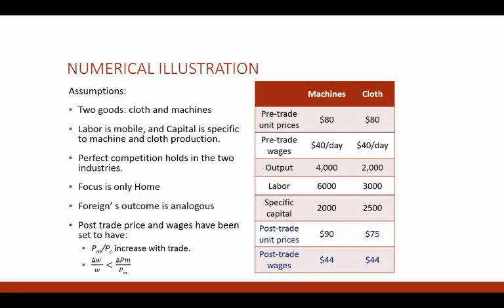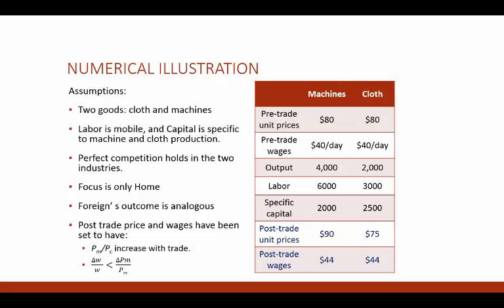Let us concretize our understanding of the model by looking at a numerical example. Given the same assumptions as before, and focusing still on home, or the United States, we have information for the two goods in terms of their pre- and post-trade prices and wages, and in terms of their total output, quantities of pre-trade labor employed in each industry, and the quantities of specific capital employed in each industry as well.